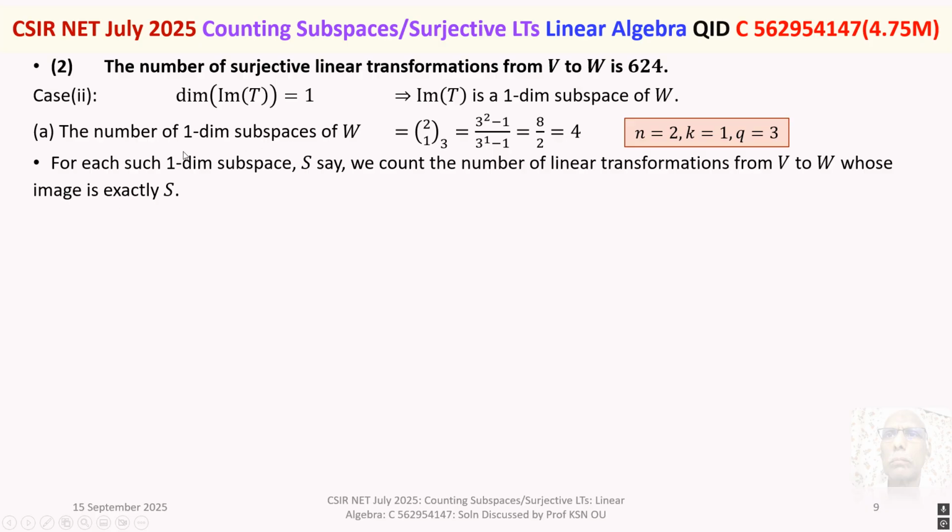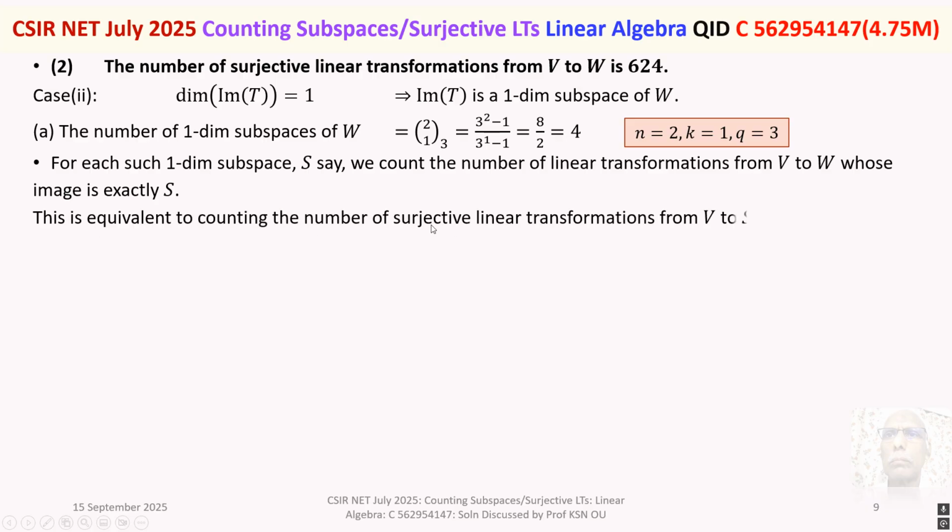The dimension of S will be 1. So this is equivalent to counting the number of surjective linear transformations from V to S.